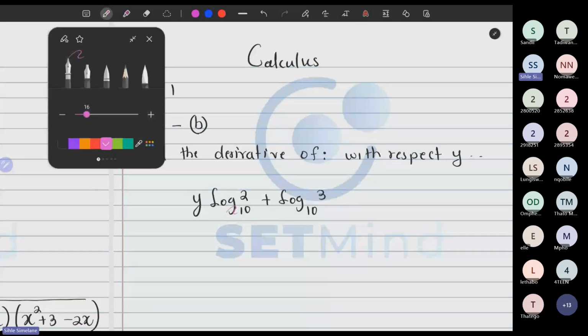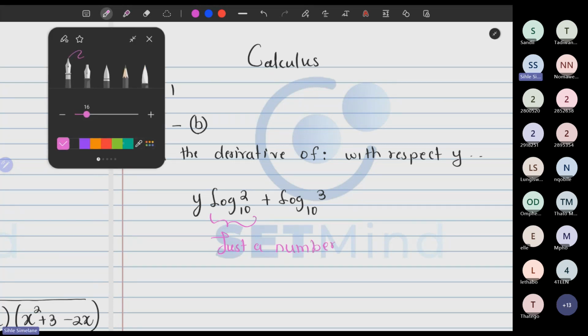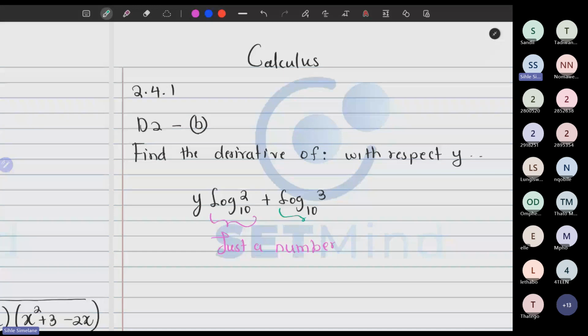This here we might not know what it is, but the point is it's just a number. And this here, we do not know what it is, but it is just a number also, whatever it is. So now we are differentiating with respect to y, and we only see y multiplied by a number.